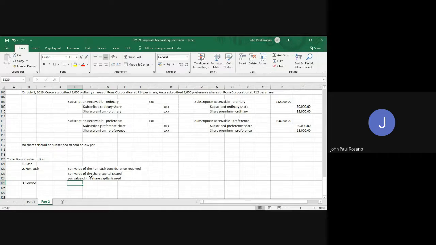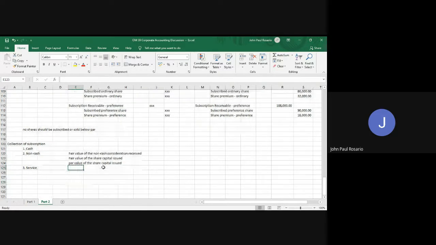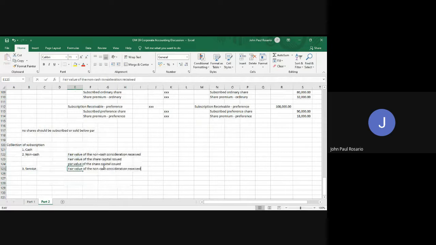For the services naman, it's either ang fair value of the service or ang fair value sa capital issued, whichever is more reliable. Anyhow, do not concern yourselves too much on this because we will just concentrate on cash para wala na issue. Meaning, kung unsa mo nang dawatan, wow na yun to siya.